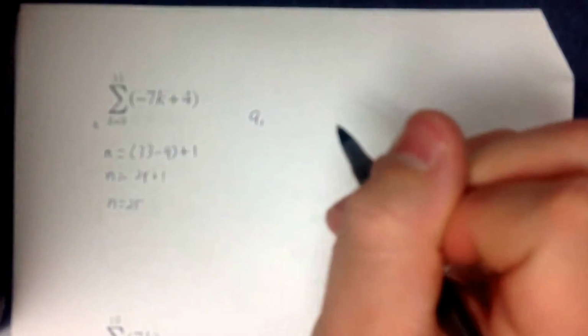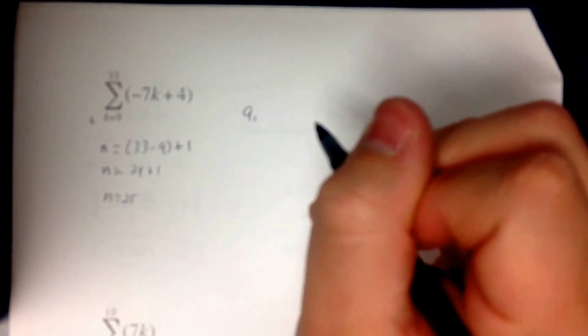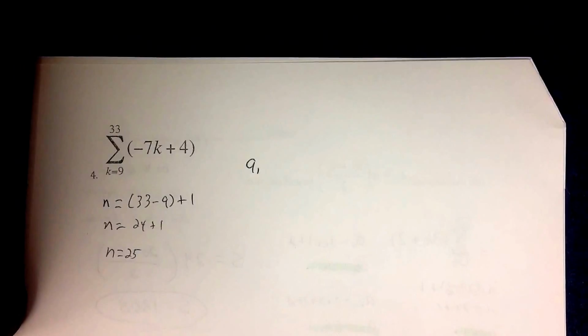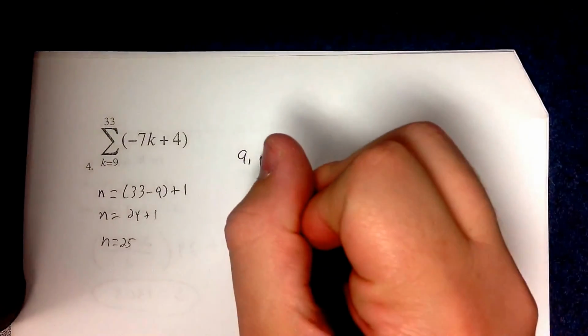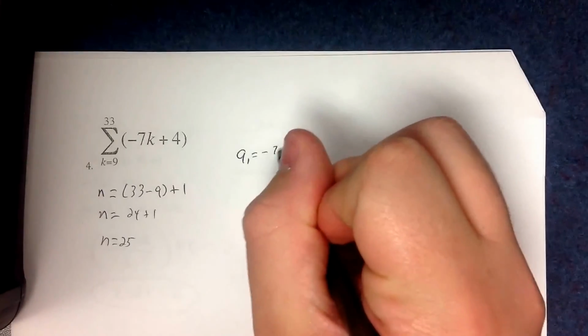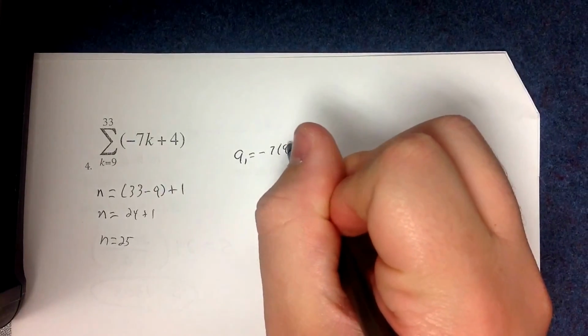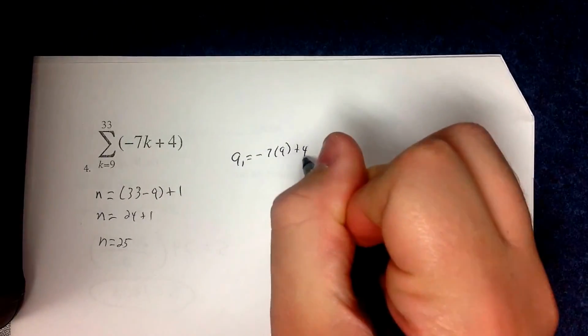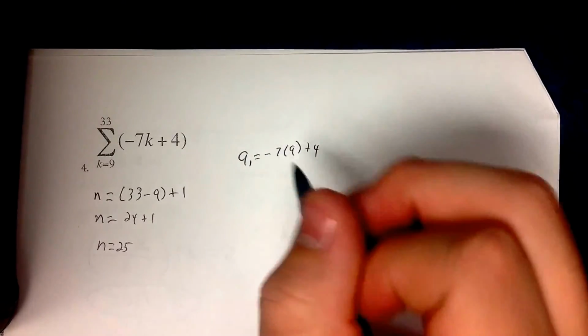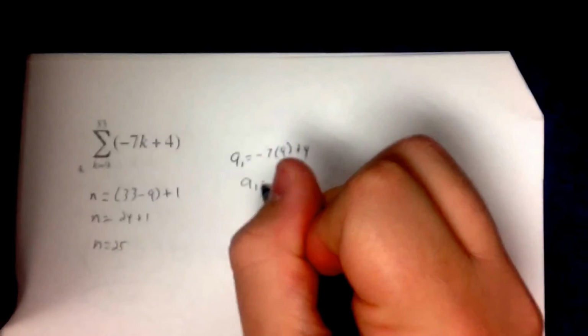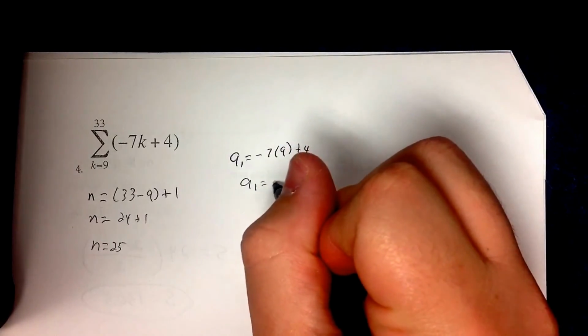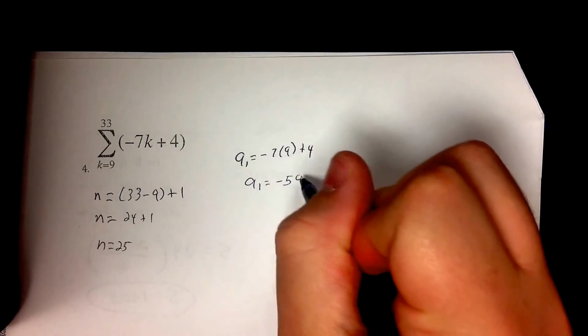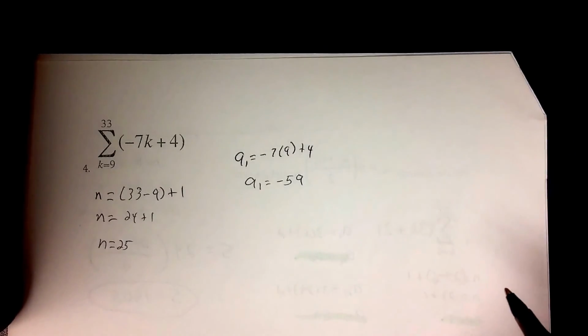The first term, A1, the starting value of k is 9 in this case, so I'd have negative 7 times 9 plus 4. So negative 7 times 9 is negative 63. Negative 63 plus 4 is negative 59.